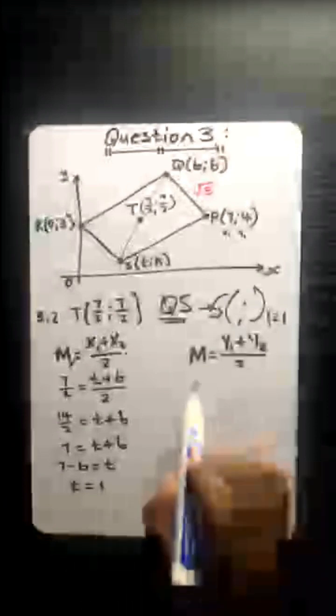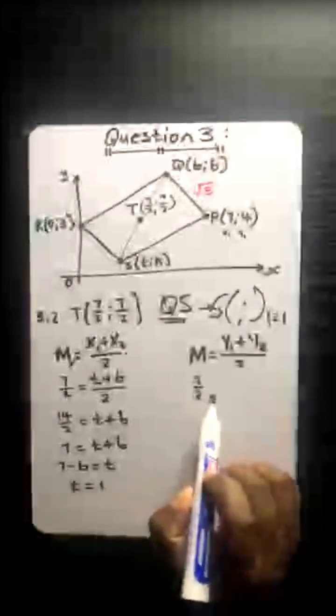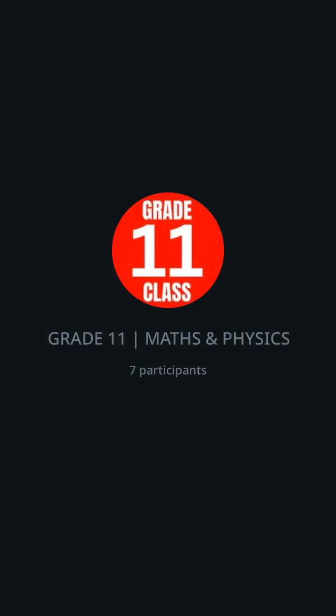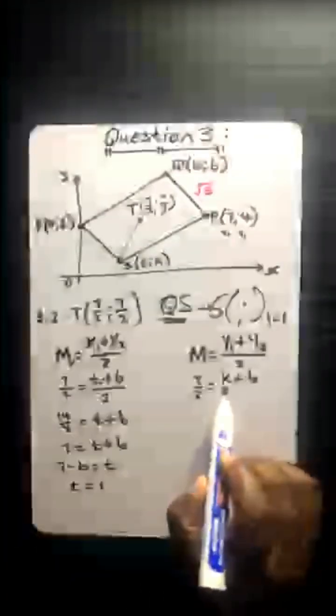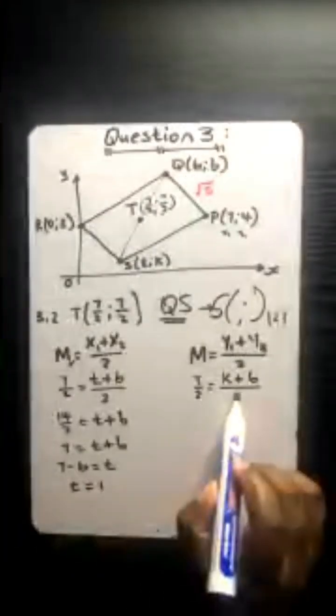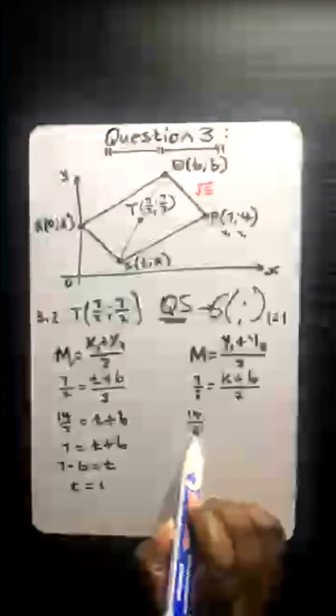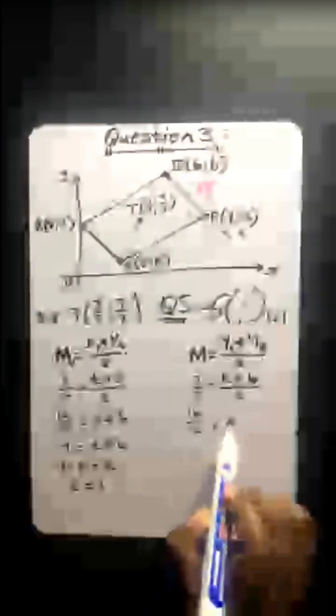And then you do the same there. Can you see the Y value also there is 7/2, same as the X value. This is therefore equal to K, that you need to plus with the X value there being 6 again, divided by 2. You cross multiply, it seems like we're having the same thing there, because now this is 7.